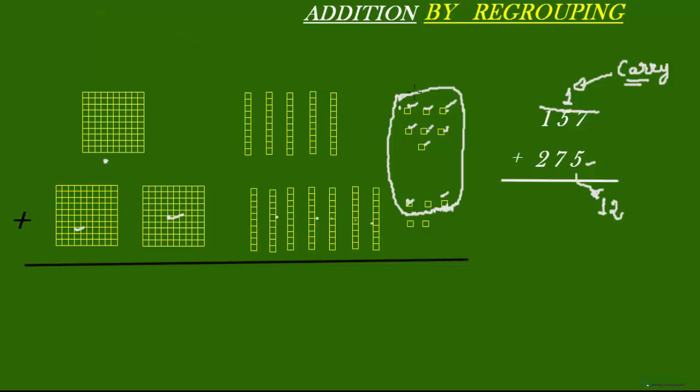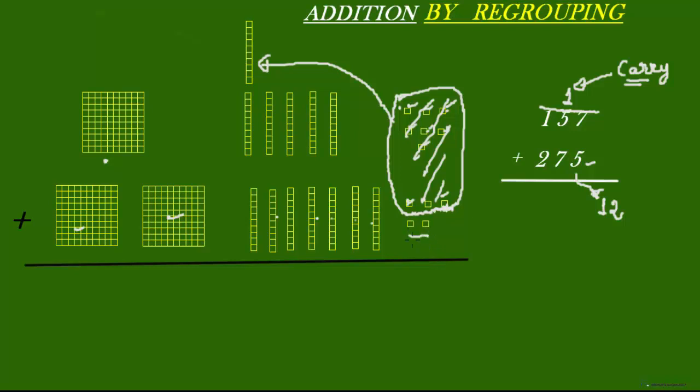So this will give an extra tens block. So let me take 1 tens block to the tens place. So these blocks are grouped into 1 tens block and carried to the tens place.